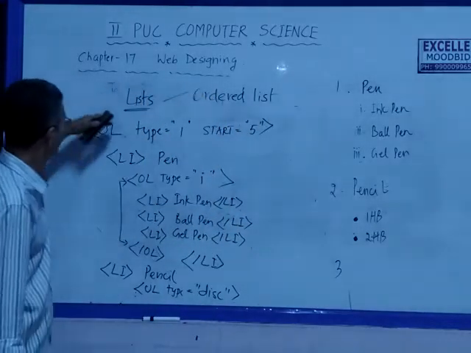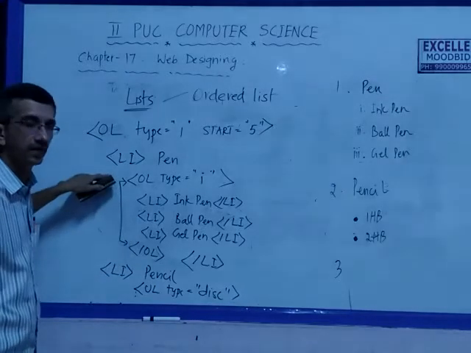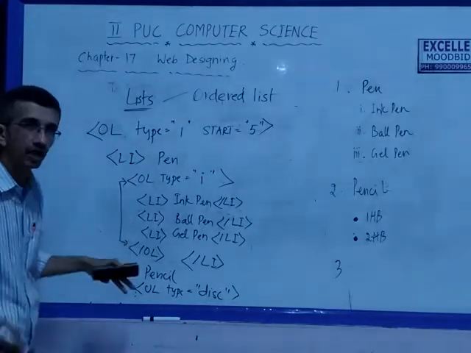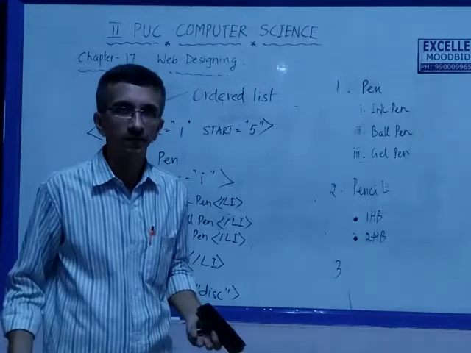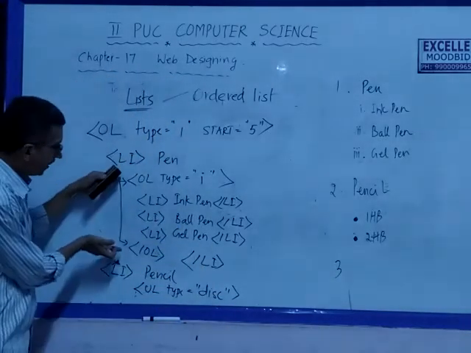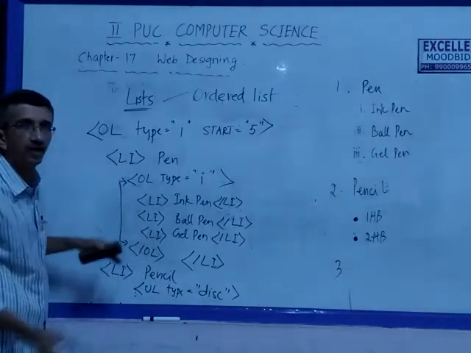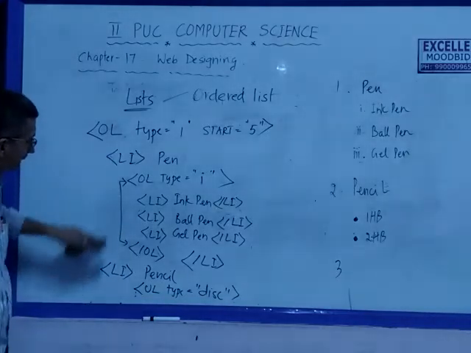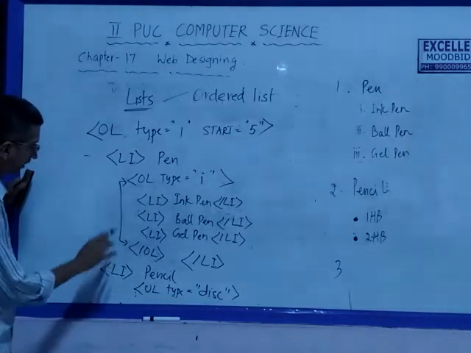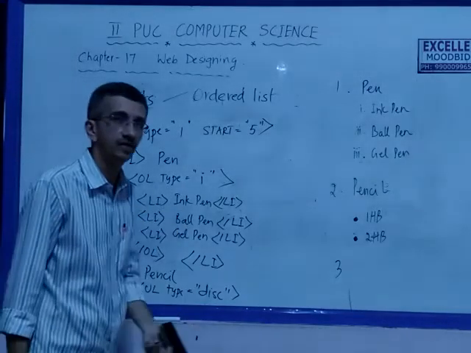So the outer list anyway has LI. Within each list item you have a totally different type of list, maybe ordered or unordered, along with its own complete structure with closing and opening tags, along with their list items. So these are the list items of the previous outer list. So that's how you can create a nested list.